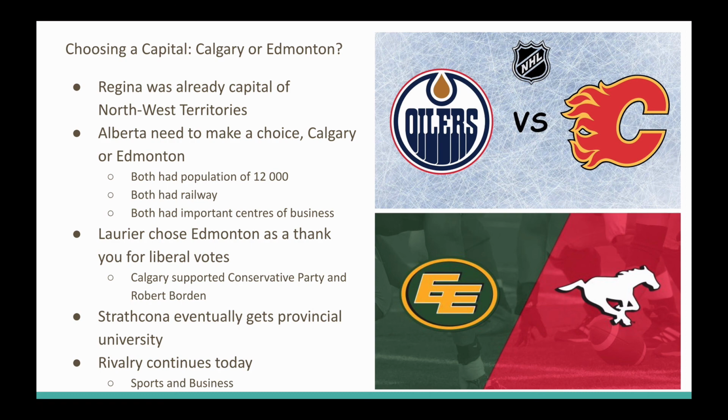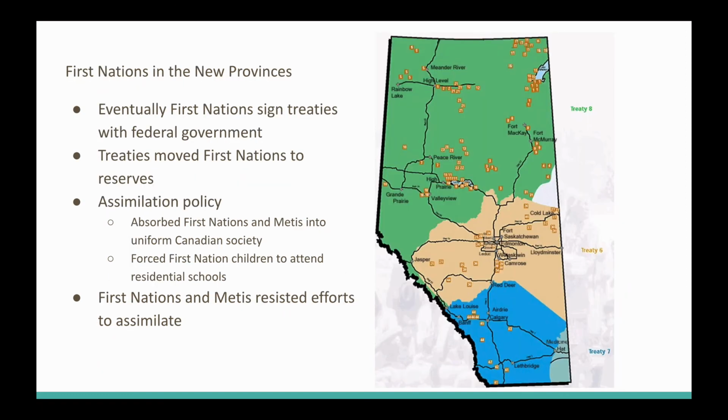What about our First Nations here in the province? Well, eventually, we can see here on the map, our First Nations sign numbered treaties with the federal government. And the First Nations move on to reserves, where a policy of assimilation starts to take place.